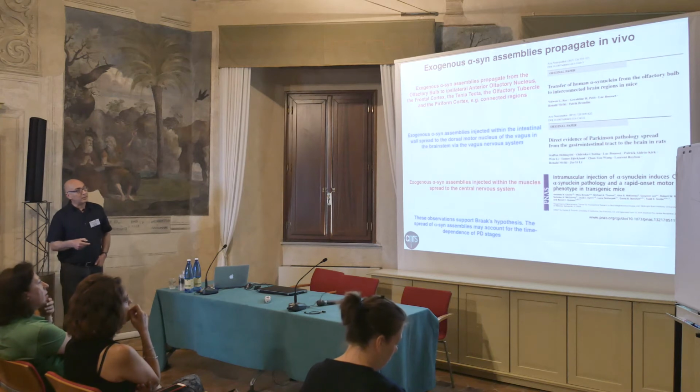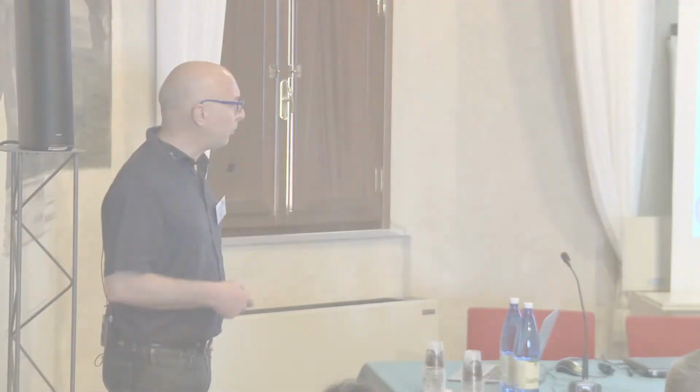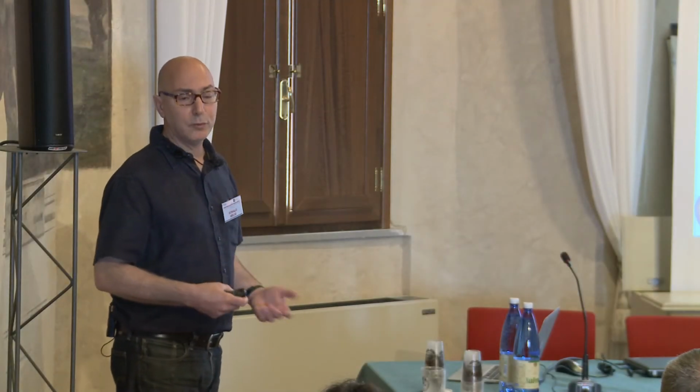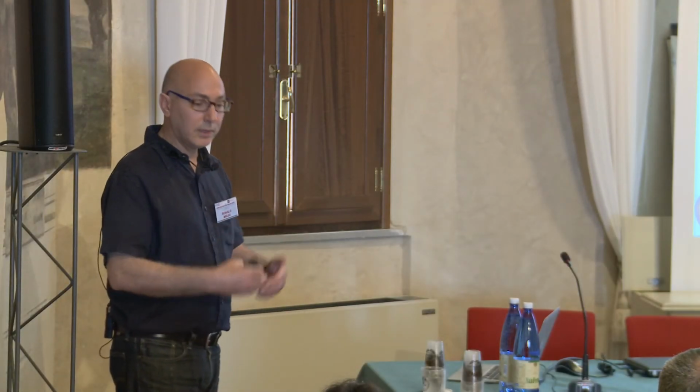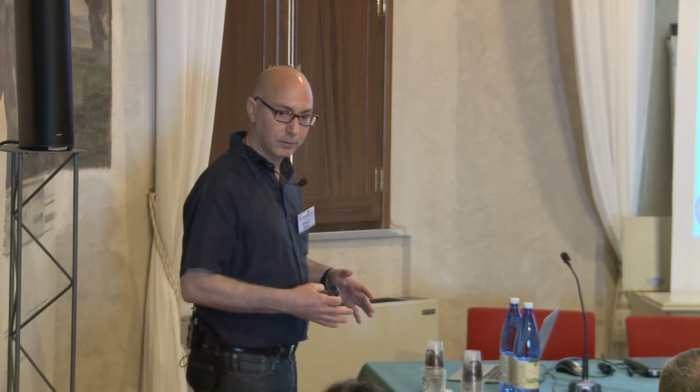These species are propagating from the olfactory bulb to interconnected brain regions, and from the gastrointestinal tract to the brainstem. Others injected the aggregates into the muscle and saw that they find them in the central nervous system. So all this supports Braak's hypothesis. In other words, we have a factor that is propagating into the brain following defined networks.